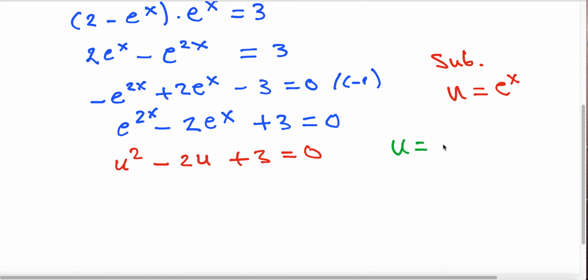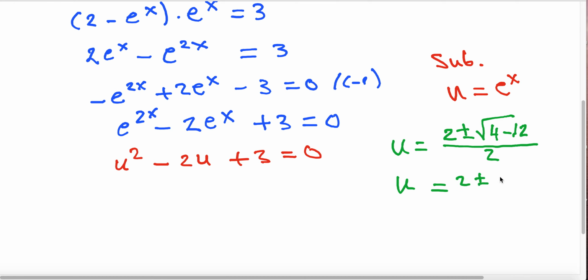So u is going to be equal to minus b, which is 2, plus or minus the square root of b squared, which is 4, minus 4 times a times c, which is 12, divided by 2 times a, which is 2. So u is equal to 2 plus or minus the square root of minus 8.